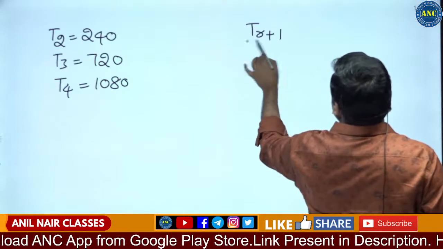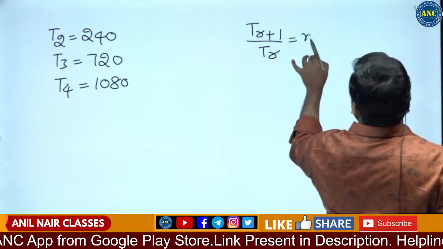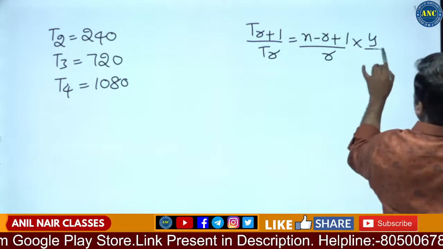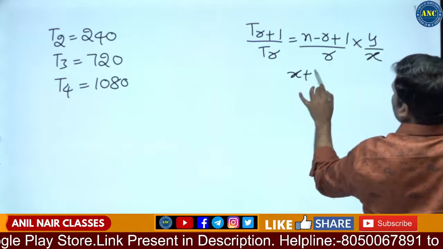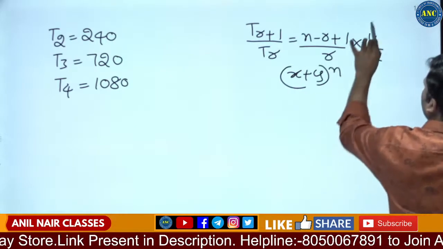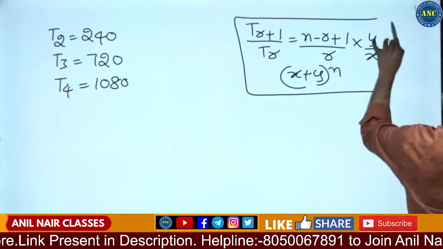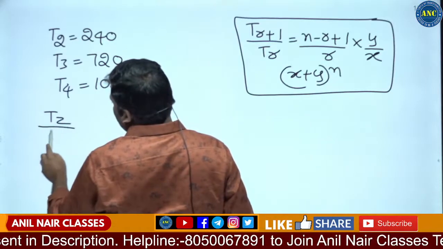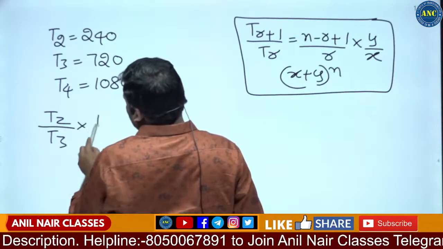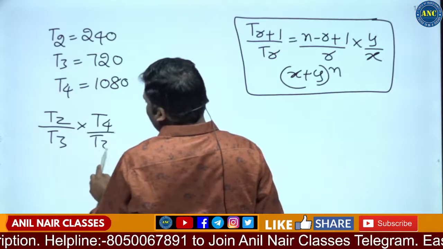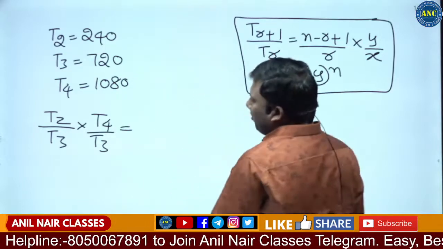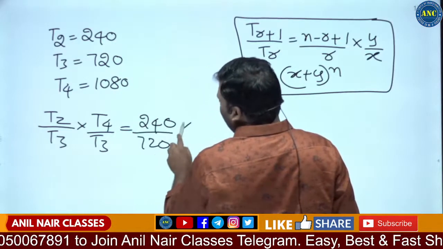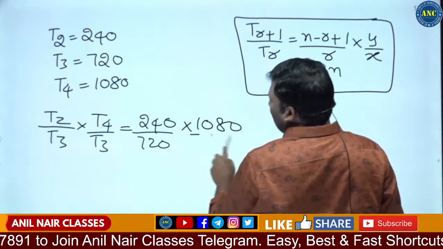T(r plus 1) divided by T(r) is given by (n minus r plus 1) divided by r into y by x, in the expansion (x plus y) power n. Let me divide T2 by T3 into T4 by T3 and see what happens. T2 by T3 is 240 by 720, T4 by T3 is 1080 by 720.